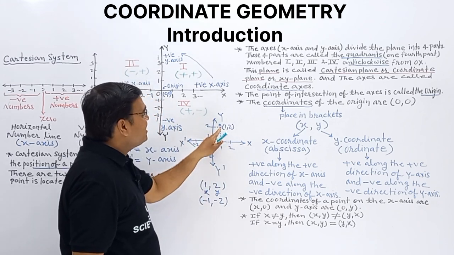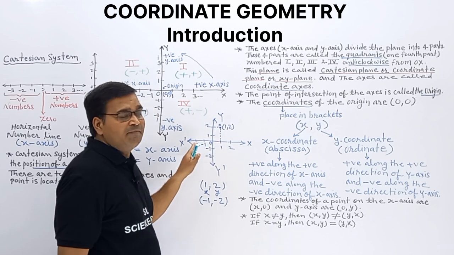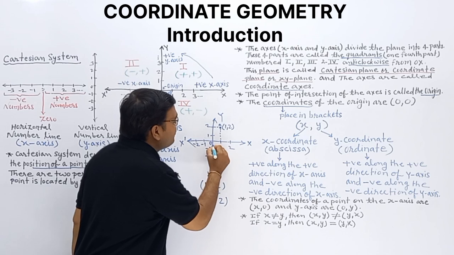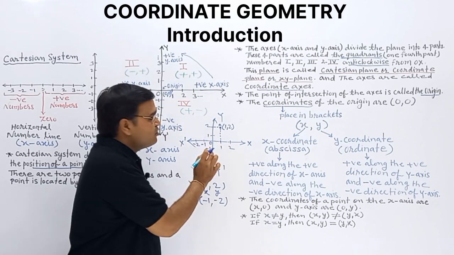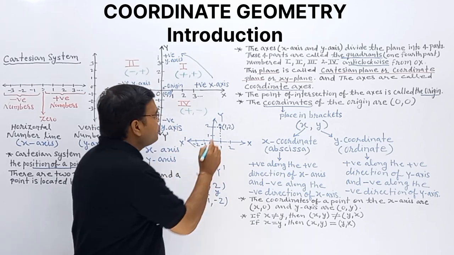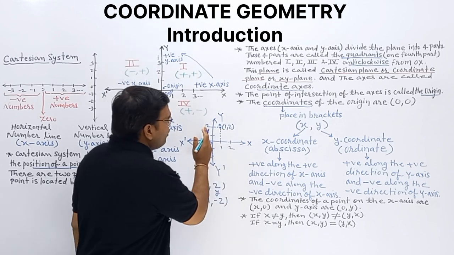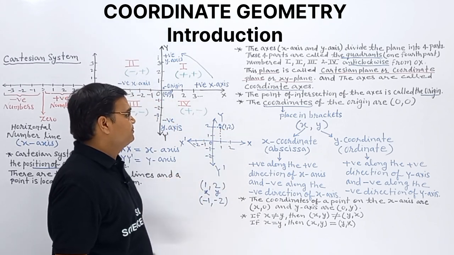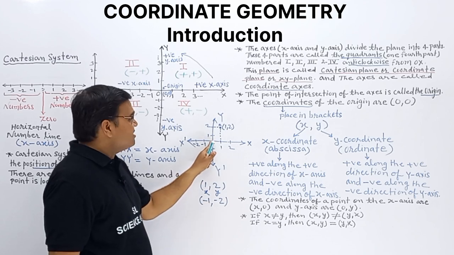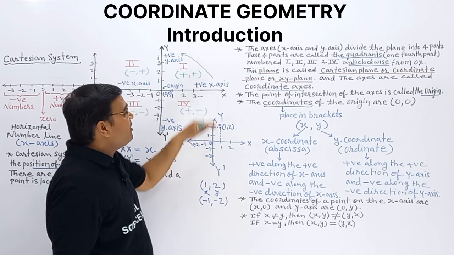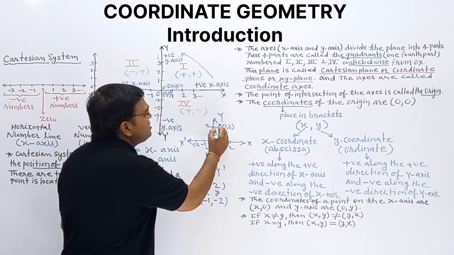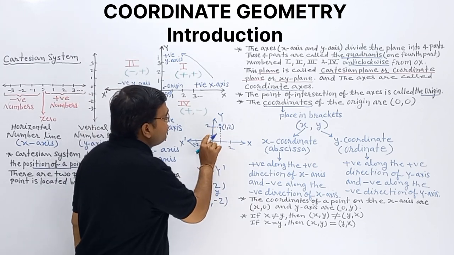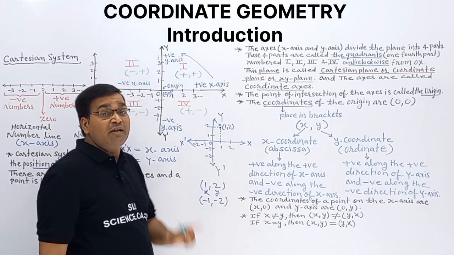Listen, how are we getting this point? We are taking 1 unit. Suppose this is the 1 unit distance: 0 to 1 is the 1 unit distance. So this point is 1 unit away from the y-axis and 2 units away from the x-axis.